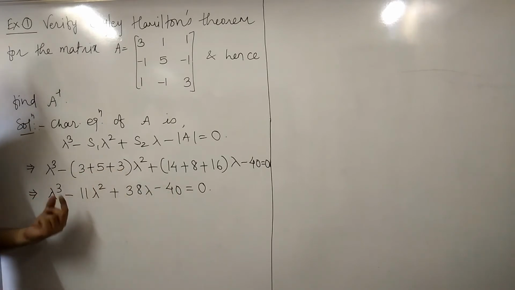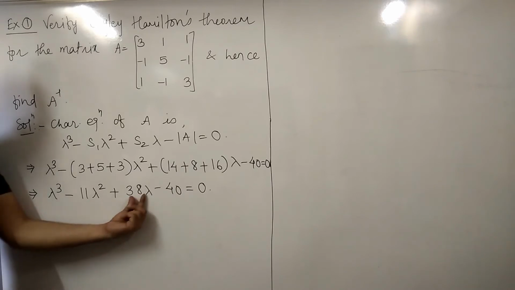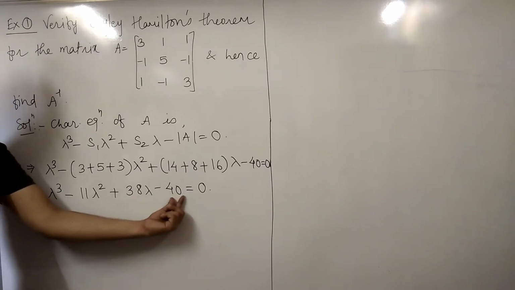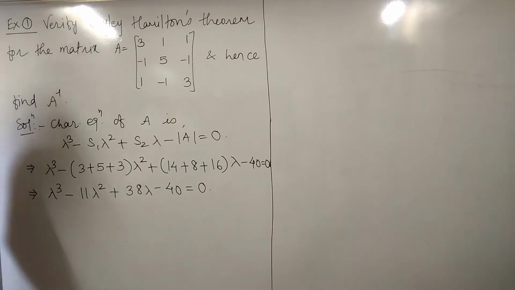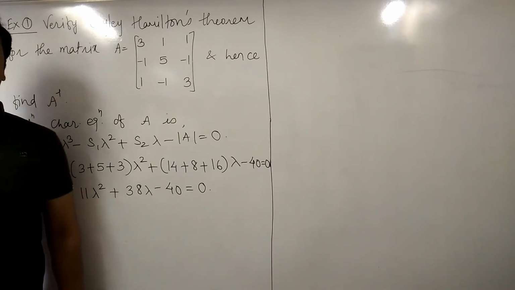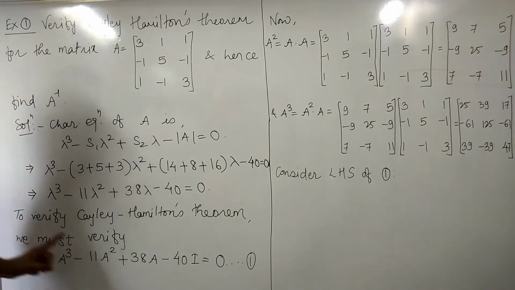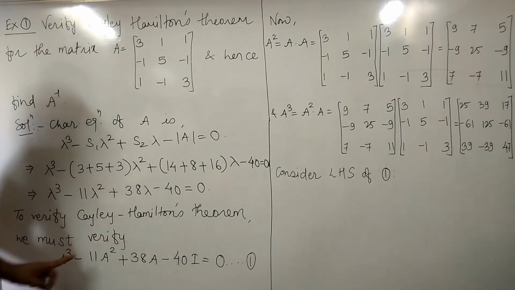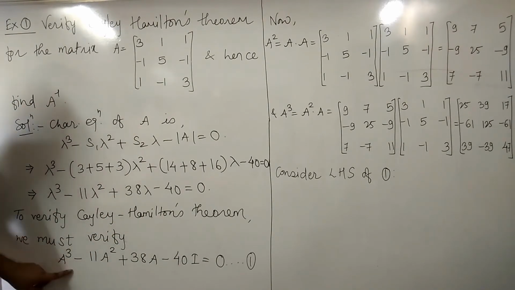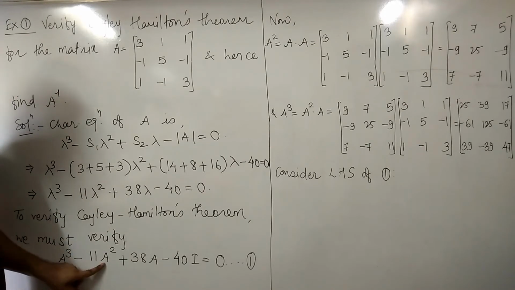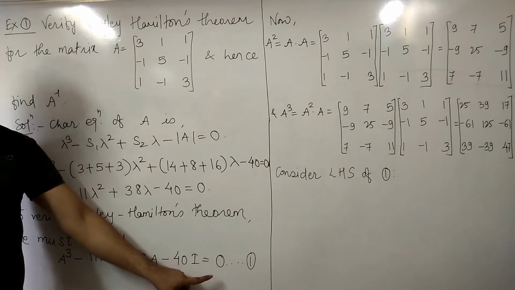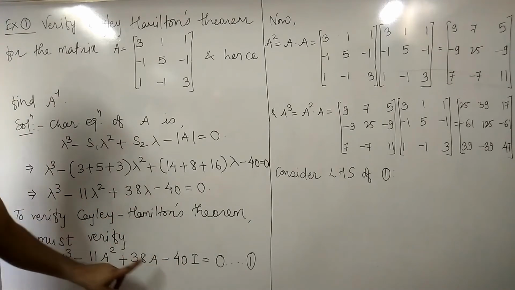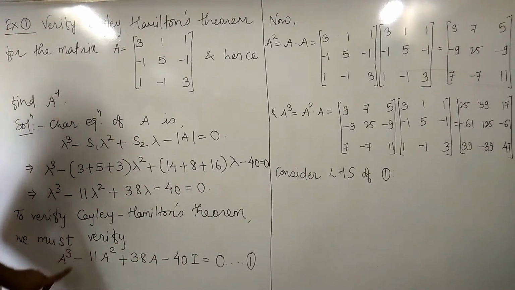That means we have to verify A cube minus 11A square plus 38A minus 40I is equal to O. Here we first have to find A square and A cube.